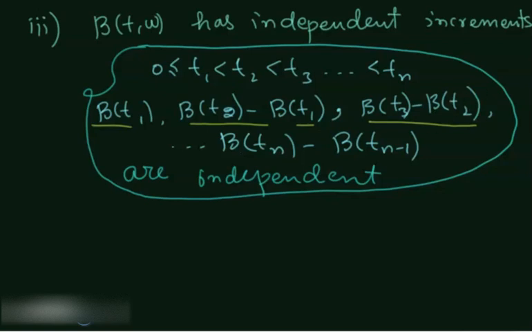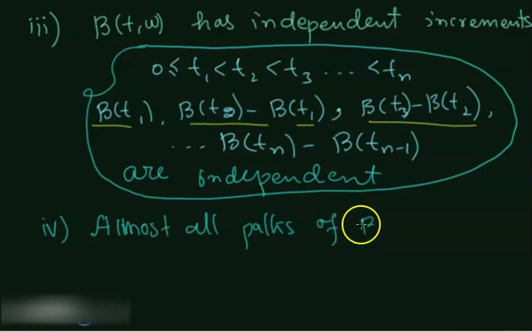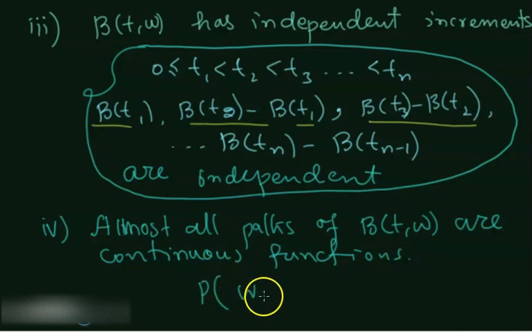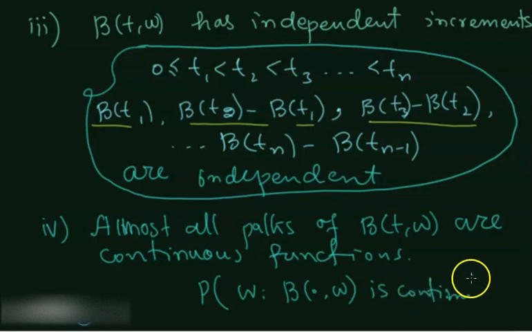Then there is one last condition, which is condition number 4, and it says that almost all paths of Brownian motion are continuous functions, i.e. we can say that the probability of this continuity, for every t, is 100%.